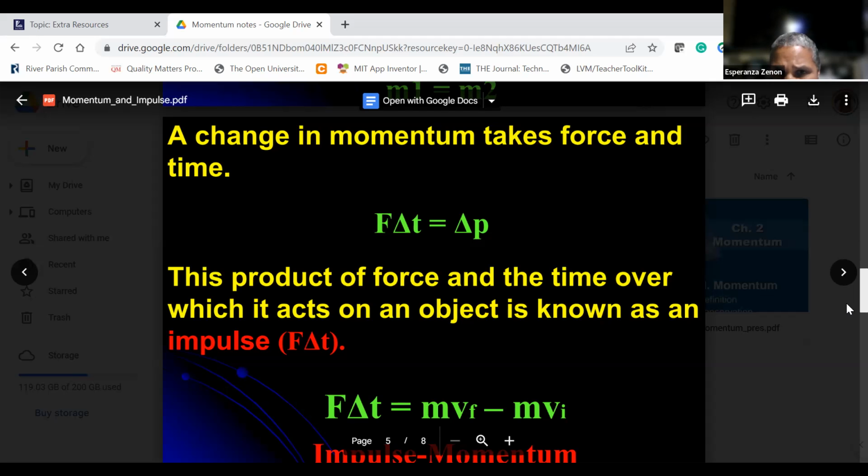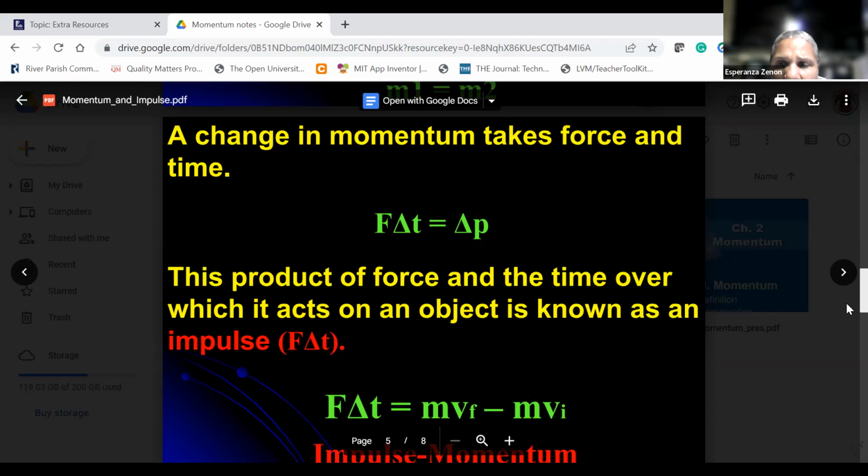So as we said, to produce an impulse, a change in momentum, you could have a large force over a short time period, or you could have a small force over a larger time period. Either way, you're going to produce an impulse. So that's what's happening, for example, when you swing a golf club. When you swing a golf club, you want to have good follow through.